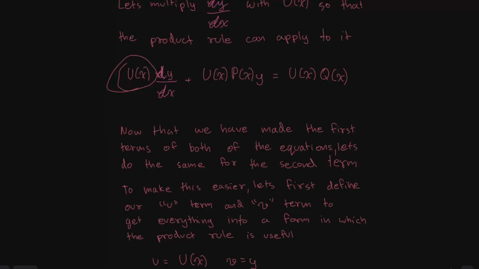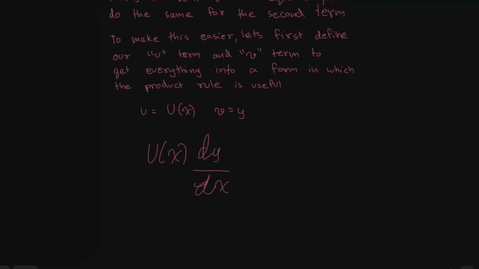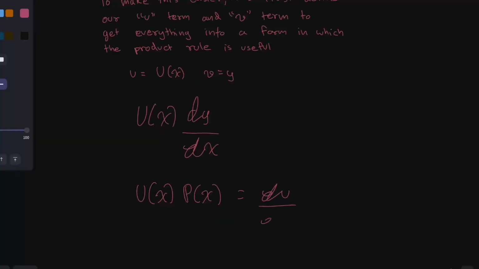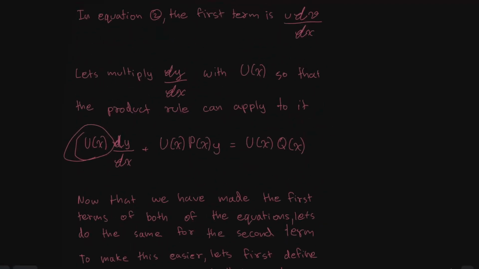That's fine. But we don't have a derivative. And that's why we need to equate u of x p of x to du by dx, so u of x p of x has to equal du by dx.